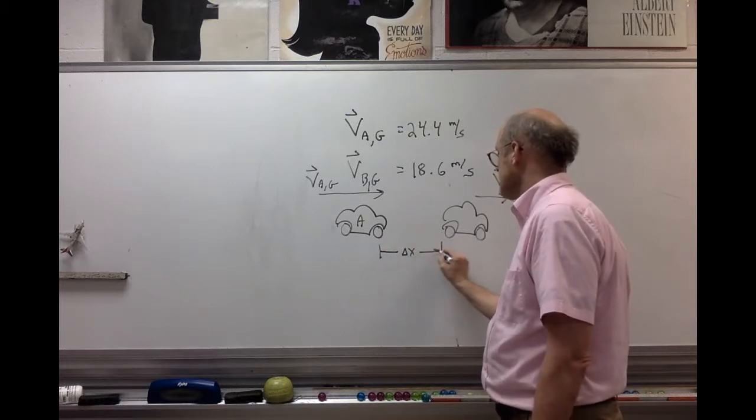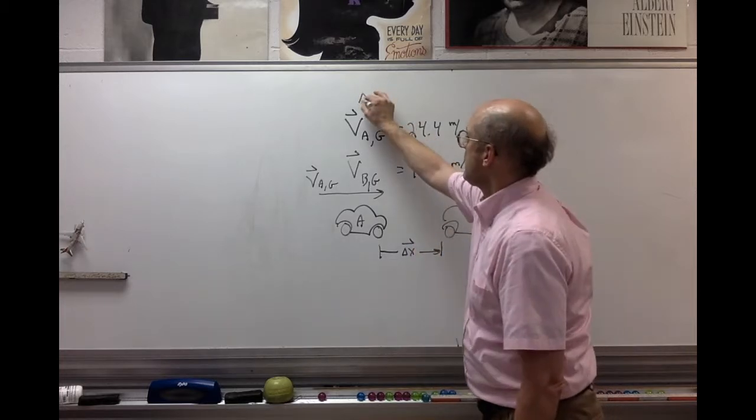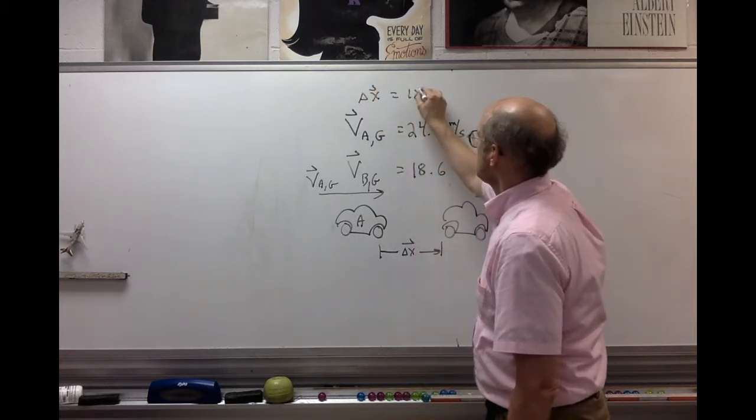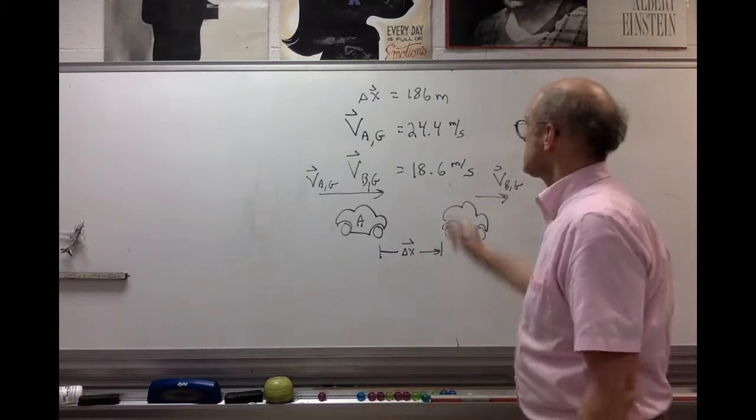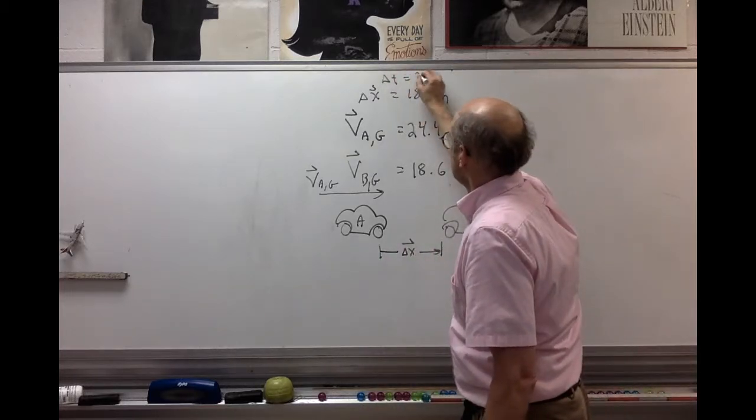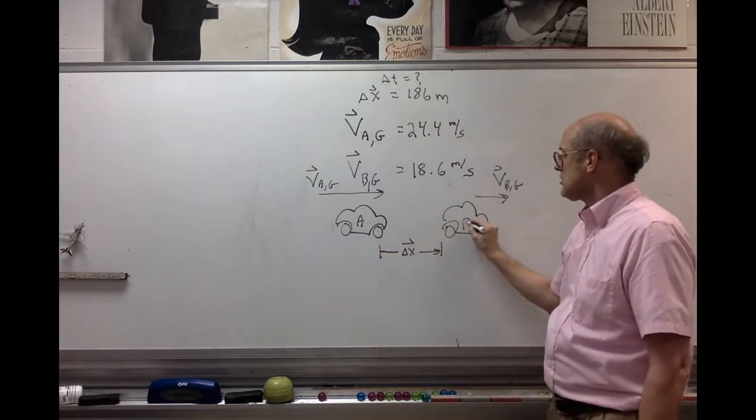So we have a displacement, delta x, of 186 meters. And again, the unknown is how much time it takes car A to catch car B.